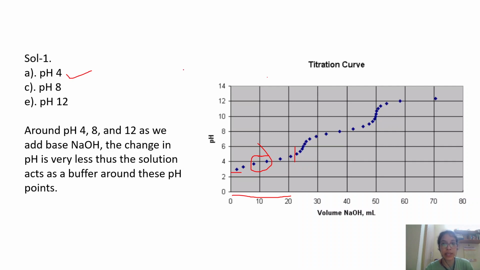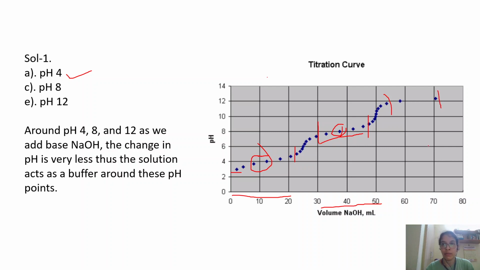Coming to pH 8, in this range, from here to this point, the volume of titrant required is also around 20 ml to bring about this pH change. So this is also a good buffering pH range, and the middle average value is 8. The same is happening here.